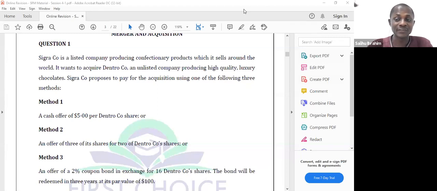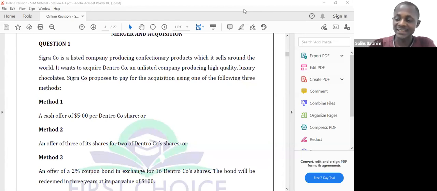And when we have operational efficiency, we should be able to derive more value than if the two of us are operating independently. So this additional benefit as a result of the merger of two companies is what we call synergy.